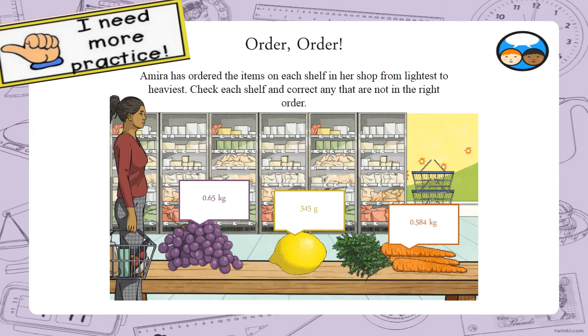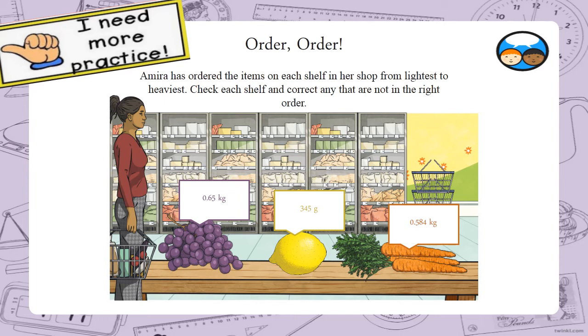So now, before I start comparing, what do I have to do? Good, I have to write all in the same unit. We can see 2 in kg and only 1 in grams, so this one in grams I will convert to kilogram. To convert from gram to kilogram, what do we have to do?